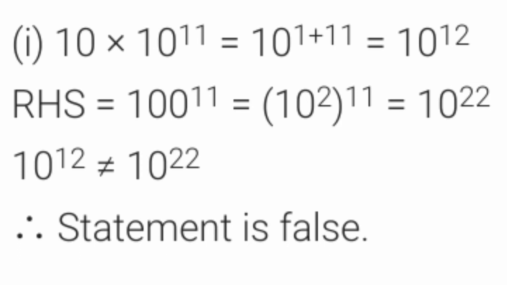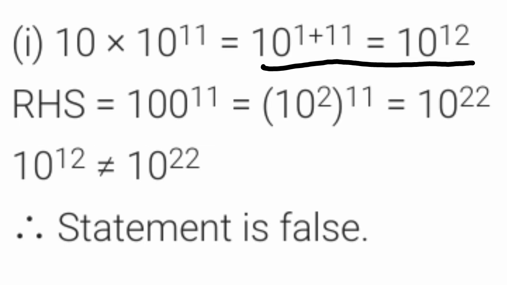First let's take the LHS of it. LHS is 10 into 10 raised to 11. That means 10 is 10 raised to 1. So 10 raised to 1 plus 11, because it is in the form a raised to m into a raised to n, which is equal to a raised to m plus n. So we get LHS as 10 raised to 12.